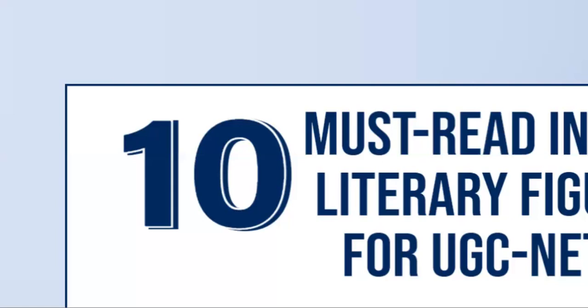In SET also, Meena Alexander is very important. There are playwrights like Girish Karnad, Mahesh Dattani, Badal Sarkar, Vijay Tendulkar. Apart from all of them, there are other recent and earlier literary figures who are not discussed so much, but are very important from the NET point of view. So let's start this video.